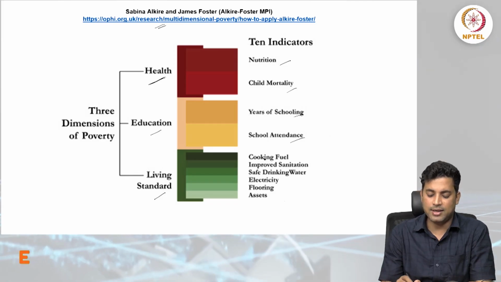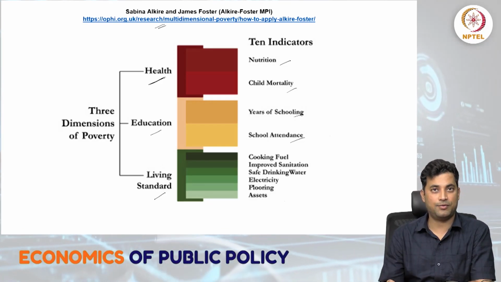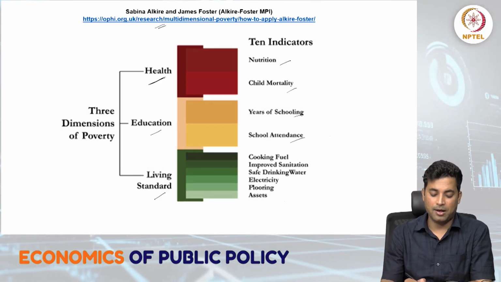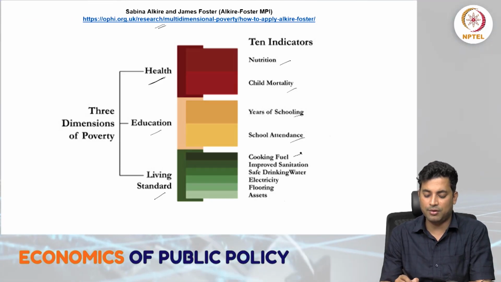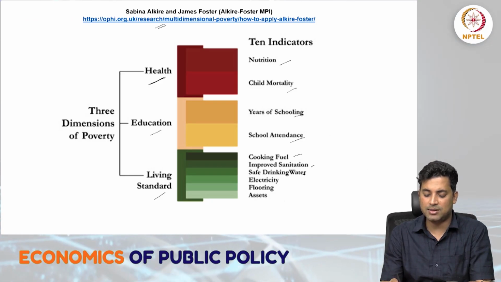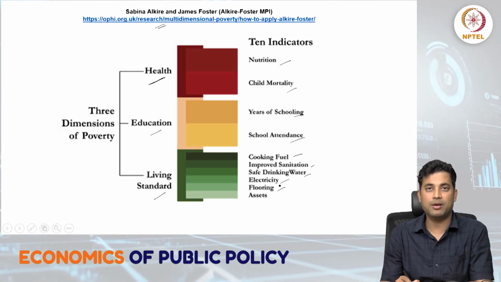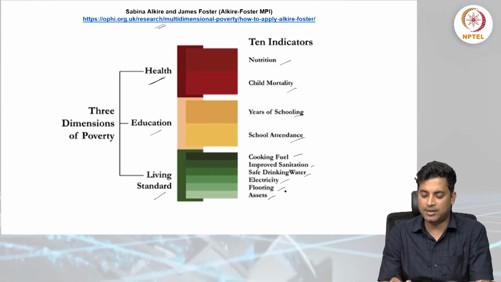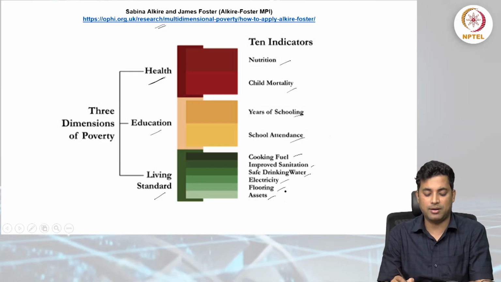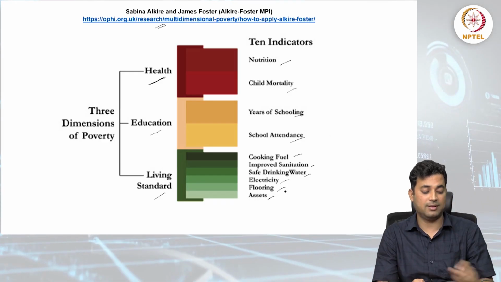Under standard of living, 6 sub-indicators are considered instead of level of income: cooking fuel, improved sanitation, safe drinking water, electricity, flooring of the household, and assets. So these 6 indicators are considered with regard to living standard.